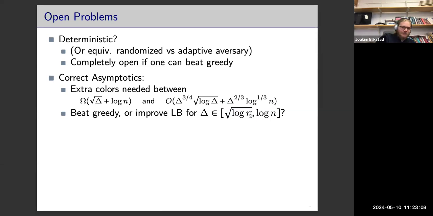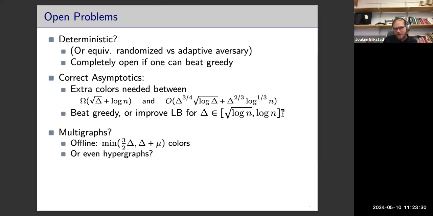But on the other hand, it's very unclear how to improve the lower bound. I have started thinking about this a bit with some of my coauthors, and we start to believe the answer might be different for edge arrivals and vertex arrivals. We think for vertex arrivals, you might be able to beat it. For edge arrivals, you will not.